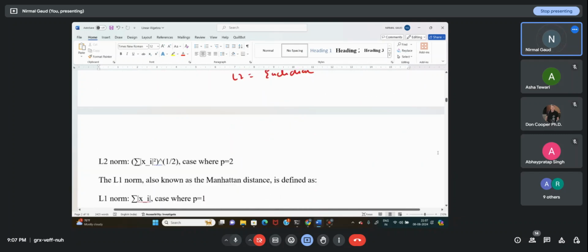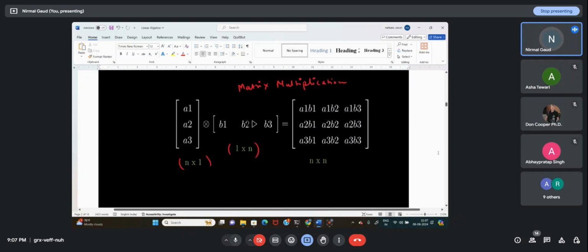Here, with the outer product or the cross product, things are different. First you do a1 into b1, then a1 into b2, then a1 into b3. This is your first row completed. Then a2 into these is the second row completed, and a3 into these is the third row completed.